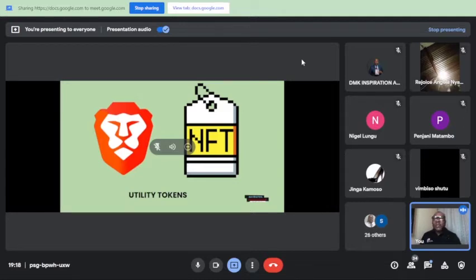They are non-fungible in the sense that they are not exchangeable, as, let's say, a token that will be used as money. The tokens that will be used as money are all similar to each other, and in that way they are exchangeable for commercial purposes, but not in the case of non-fungible tokens. So non-fungible tokens are used to prove ownership for goods, artwork, and all of those things.